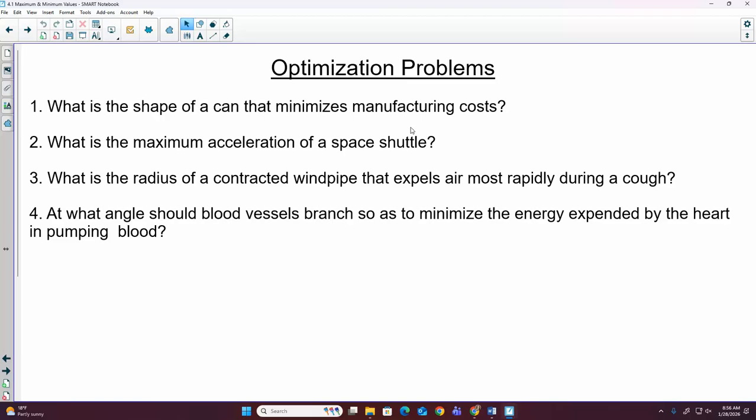Or even a medical aspect, what's the radius of a contracted windpipe that expels air most rapidly during a cough? What angle should blood vessels branch so as to minimize the energy expended by the heart in pumping blood? This is why calculus is not just a math class, but if you're going into a science field or a business field, you have to have your calculus, and a lot of it has to do with maximization. If you want to maximize your profit, but minimize your costs, those types of things.